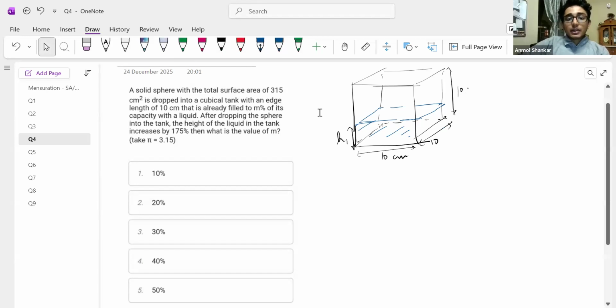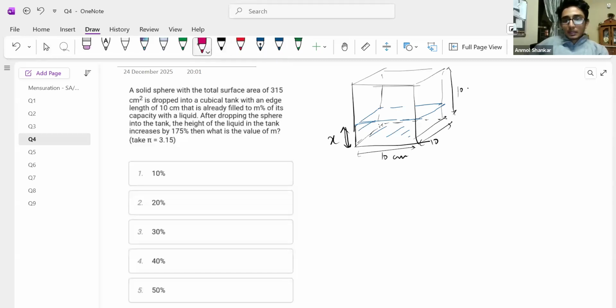Or for this h1 let us take x. So x is the height of the water or liquid initially. Then this ball is dropped, a solid sphere, like a big sphere, is dropped.